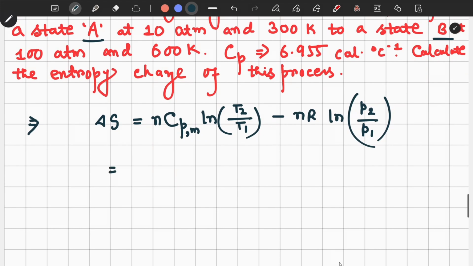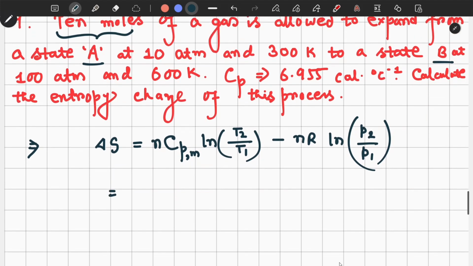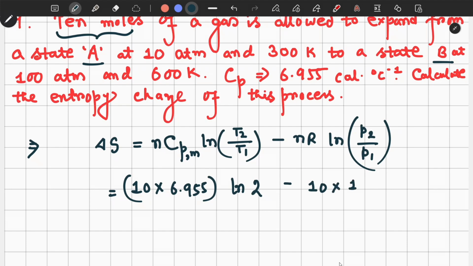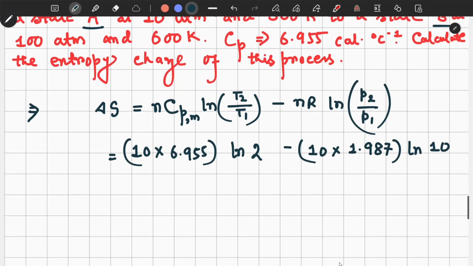So n is 10, and Cp is given as 6.955, times ln T2 by T1. T2 by T1 is directly 2. nR is 10R, and R will be 1.987 calorie, and ln 10. Correct?